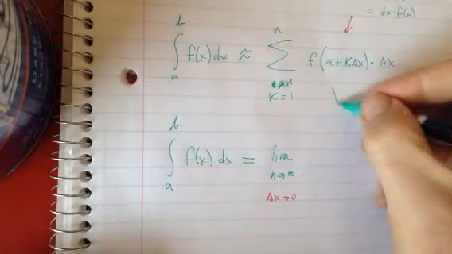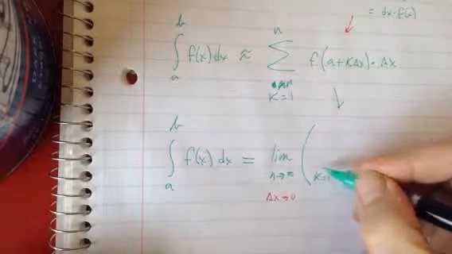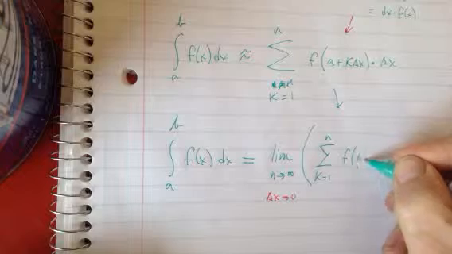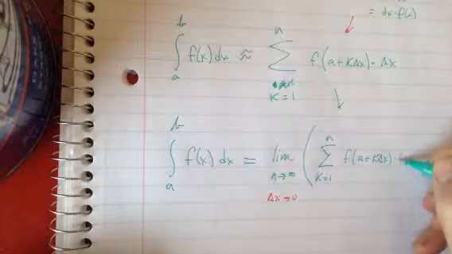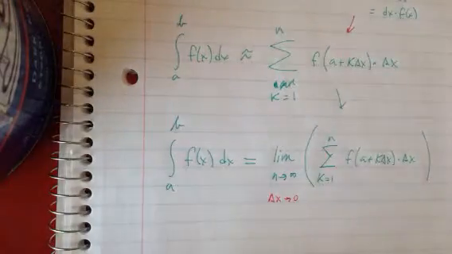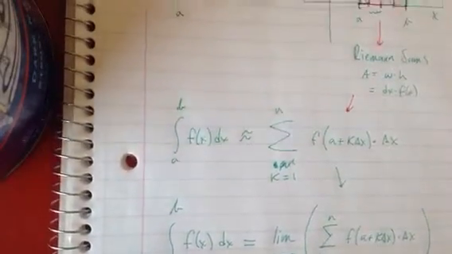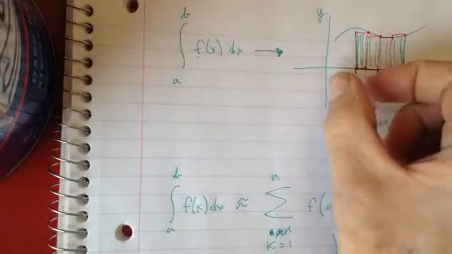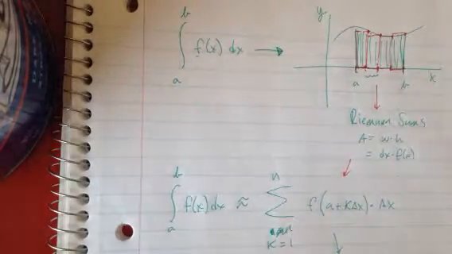of this whole expression. I'm just going to transcribe this whole thing here. We're going to take the limit as n goes to infinity of the sum from k equals 1 to n of f of a plus k delta x's times delta x. If we take an infinite number of these rectangles, that is to say, if we let the rectangles shrink down to 0 width, we'll get an exact area.